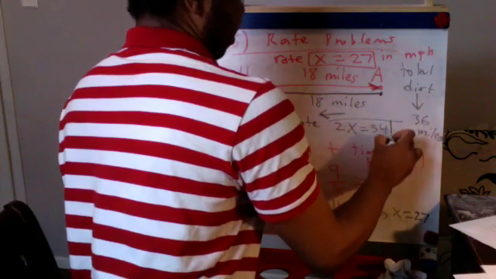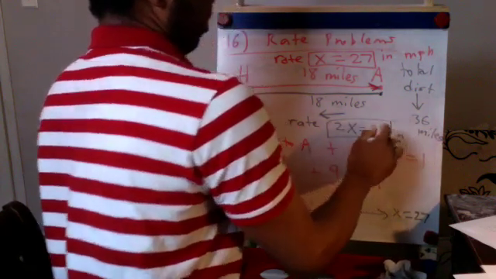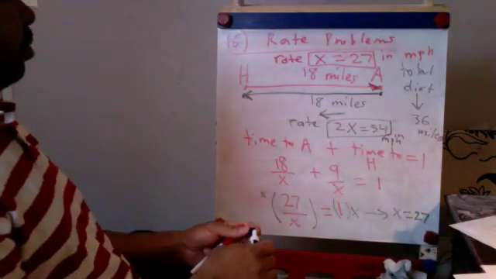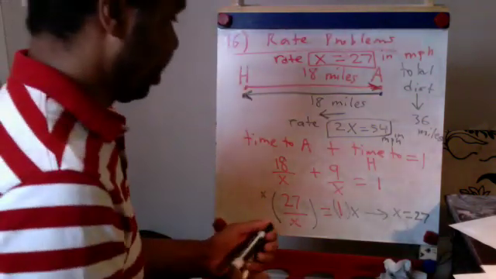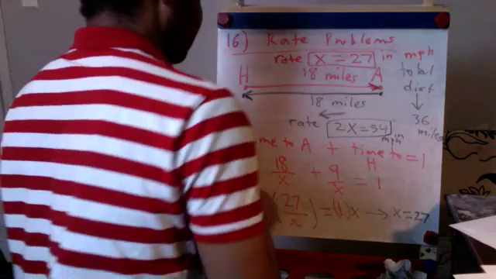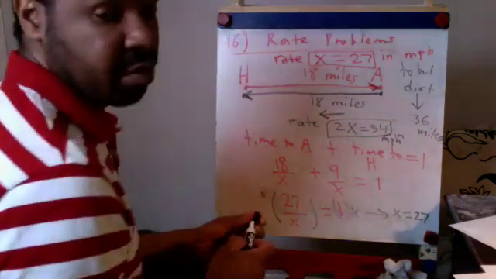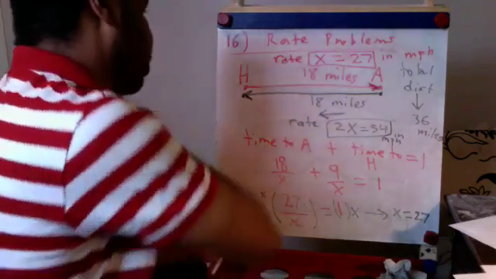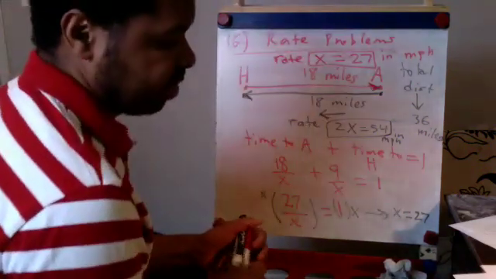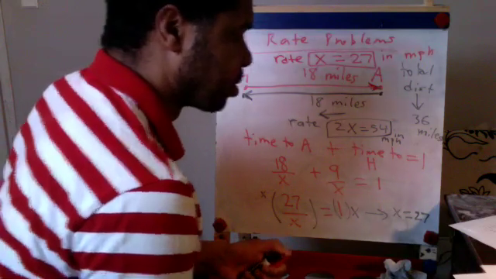Okay, so that's what we're looking for. Again, his speed traveling home is going to be 54 miles per hour. But when he was traveling to the airport, he was traveling at 27 miles per hour. Okay?